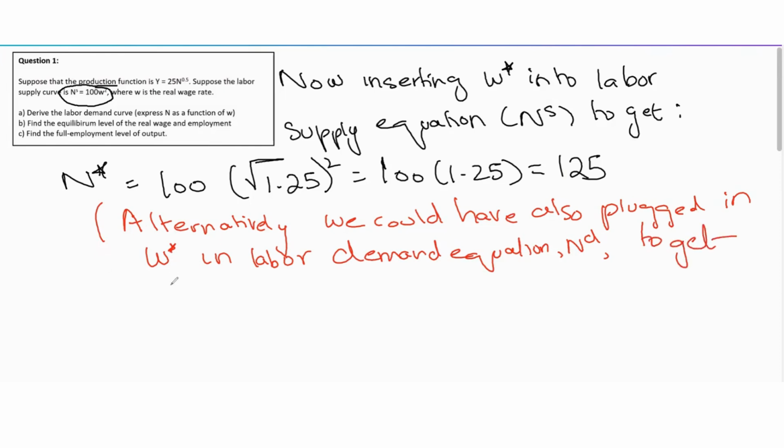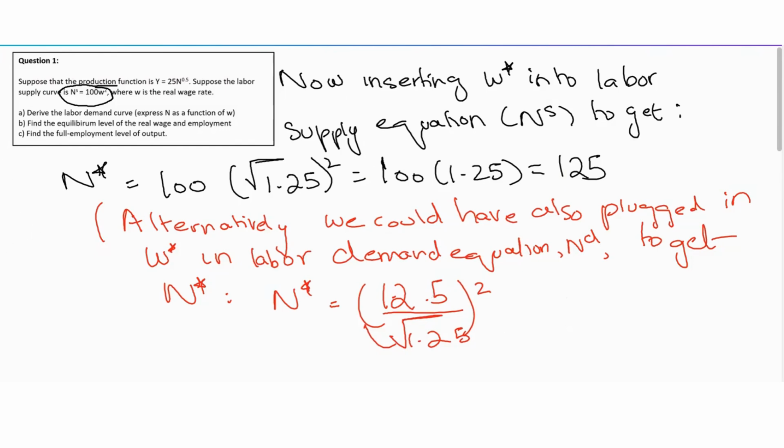N star would have been 12.5 divided by W squared, where W was the square root of 1.25, whole squared. You could have found it like this also. This was your labor demand equation. So the idea is just once you have the equilibrium real wage, you can plug it into either your labor demand or labor supply equation to get the equilibrium level of employment, because equilibrium is at the intersection, so you'll get the same answer regardless.